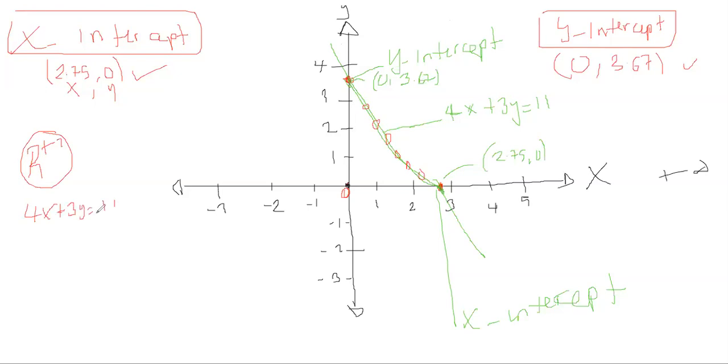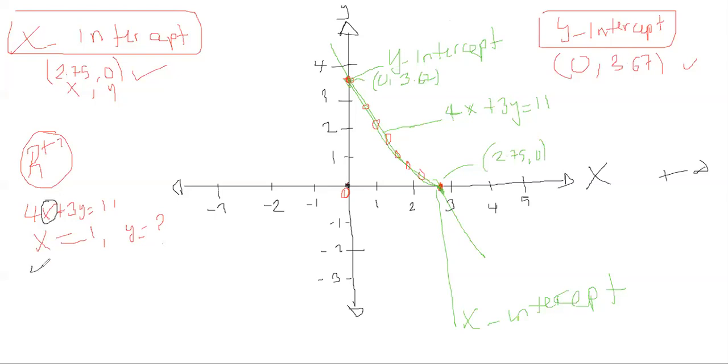If you want to find the solution, as we did before, we can ask ourselves, if x equals 1, what will be the value of y? So here we substitute 1 for x in this equation.